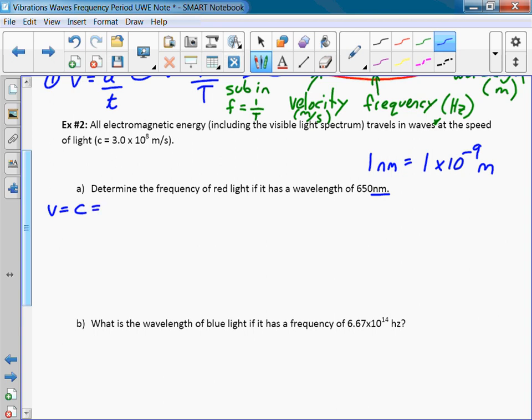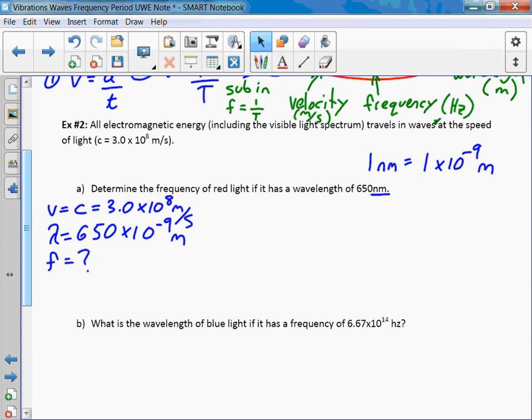The symbol c, just like last unit where it represented specific heat capacity, can also be used to represent the speed of light. It's a constant, 3.0 times 10 to the 8 meters per second. The wavelength is equal to 650 times 10 to the negative 9 meters. And we want to know what the actual frequency is here.